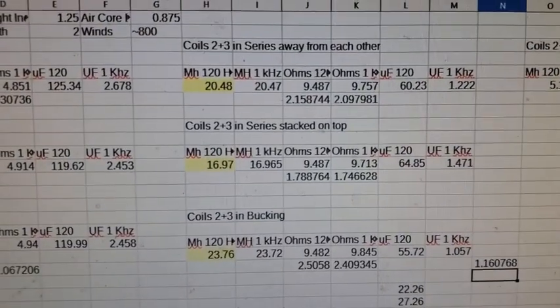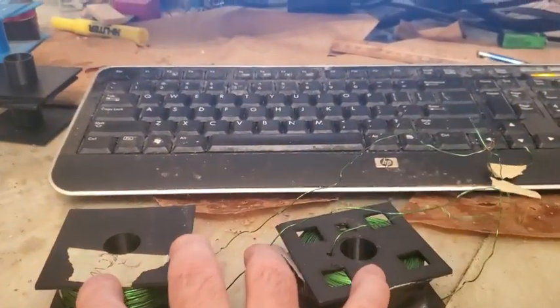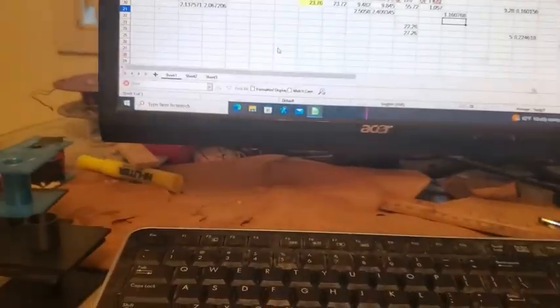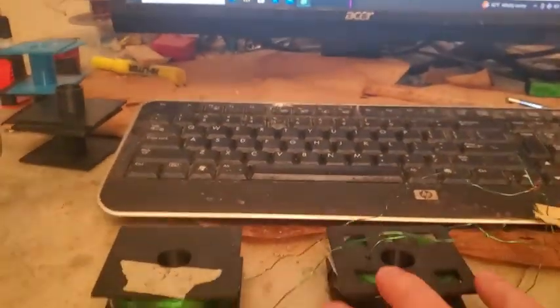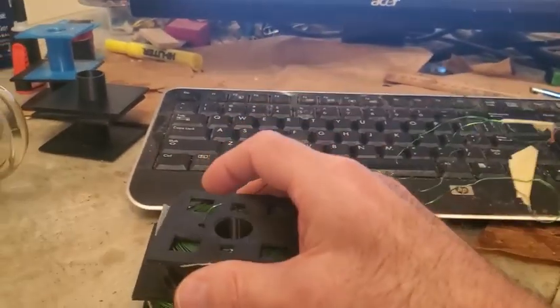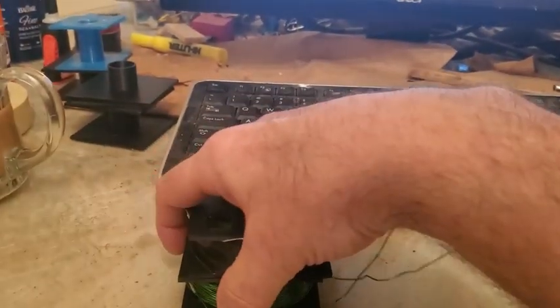But then where it gets fun is you can think of putting them in parallel instead of in series like this, and I also just hooked them up in parallel, but I didn't see anything on the LCR meter that was all that strange. But then you can also think of the two coils interacting with each other and how they're wired together.